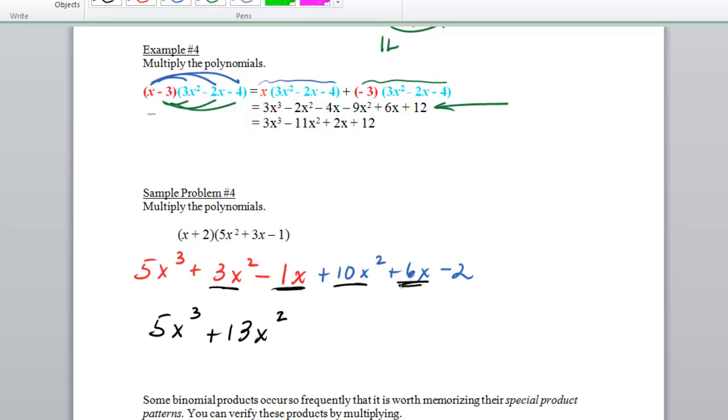So I got x and x, negative 1 and positive 6 gives me a positive 5x. And then lastly, my whole numbers. That way I have it already written in standard form by taking it in that order. And so there's your final polynomial after multiplying. Okay, so now you've seen multiplying polynomials in a stacked method and a horizontal method as well.